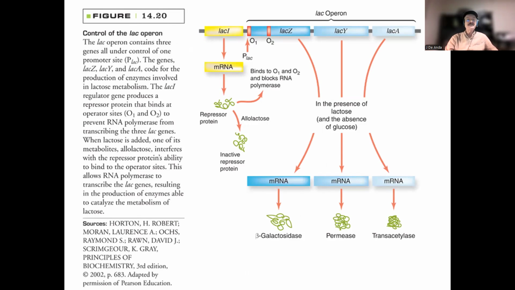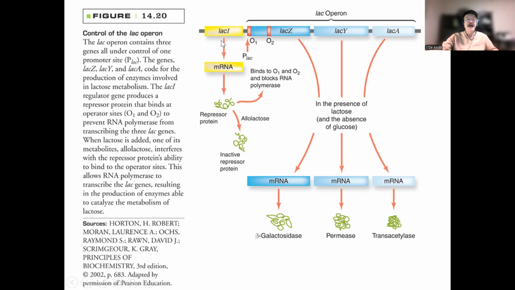And the mechanism simply consisted of a set of genes. Here, they're called LAC-Z, LAC-Y, and LAC-A. And then there was a sequence here called PLAC, which is the promoter for those genes. And then over here was a section that was called a repressor.